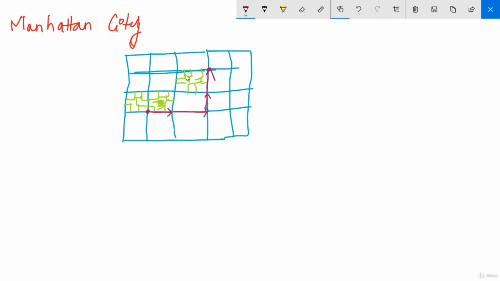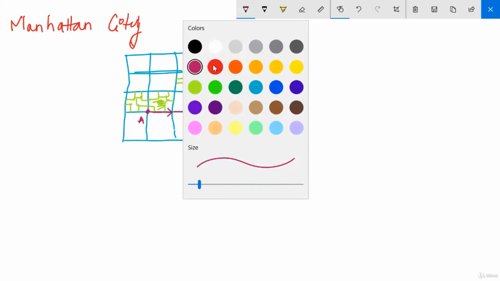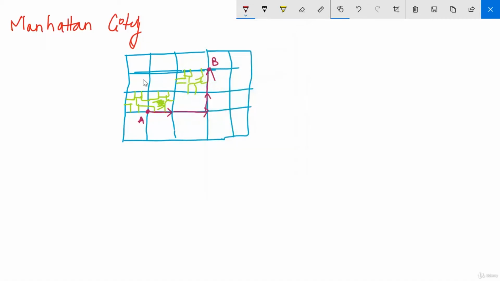So from point A to point B, this is how we go in Manhattan City. Looking at this, our machine learning developers invented the same thing, named Manhattan distance.